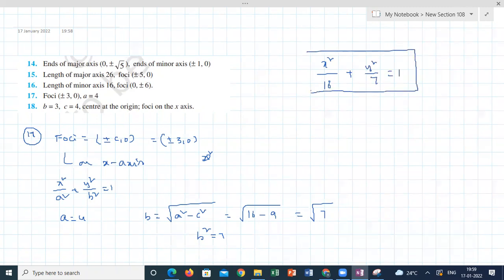Is it right? Anyone having any doubt? Students, anyone having any doubt?